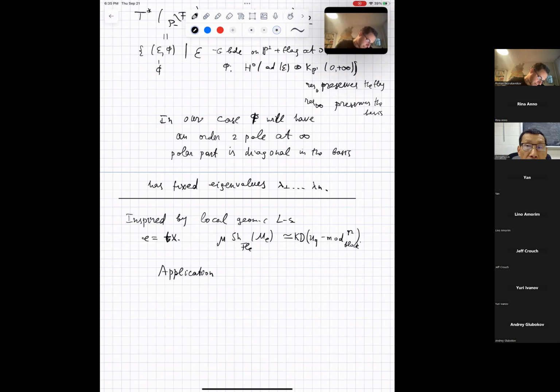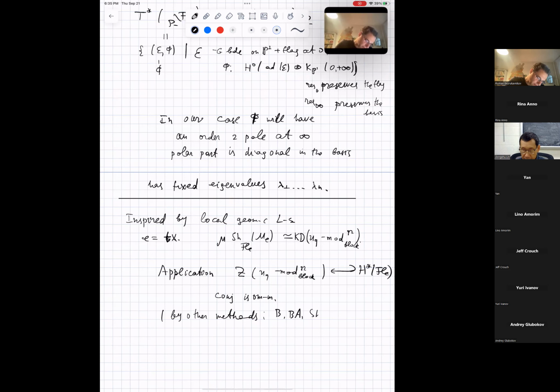So if I take the center of a small quantum group, it receives a map, actually an injective map, from the cohomology of E. So conjecturally an isomorphism, and it can be constructed by other methods with myself and Pablo, but also some in this room.